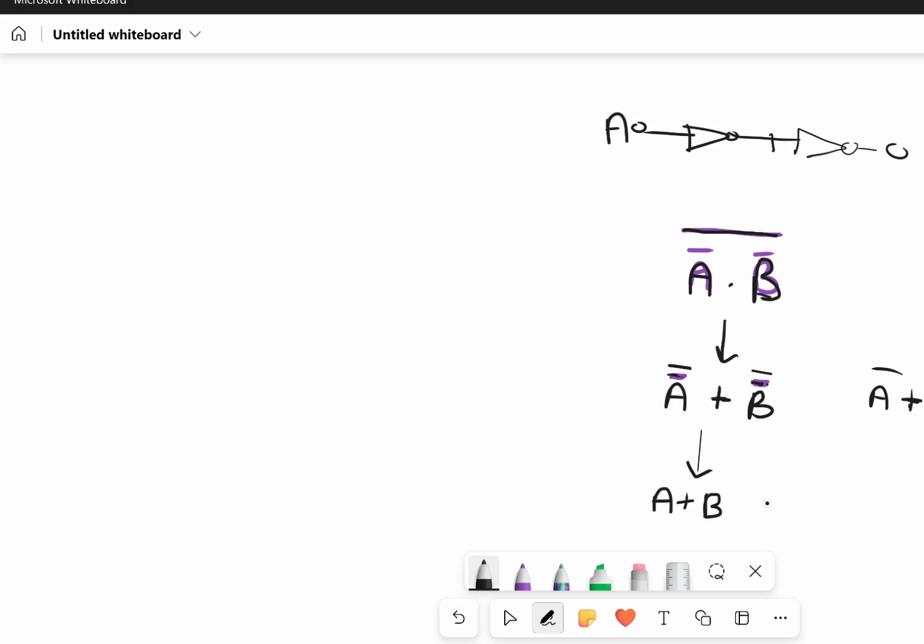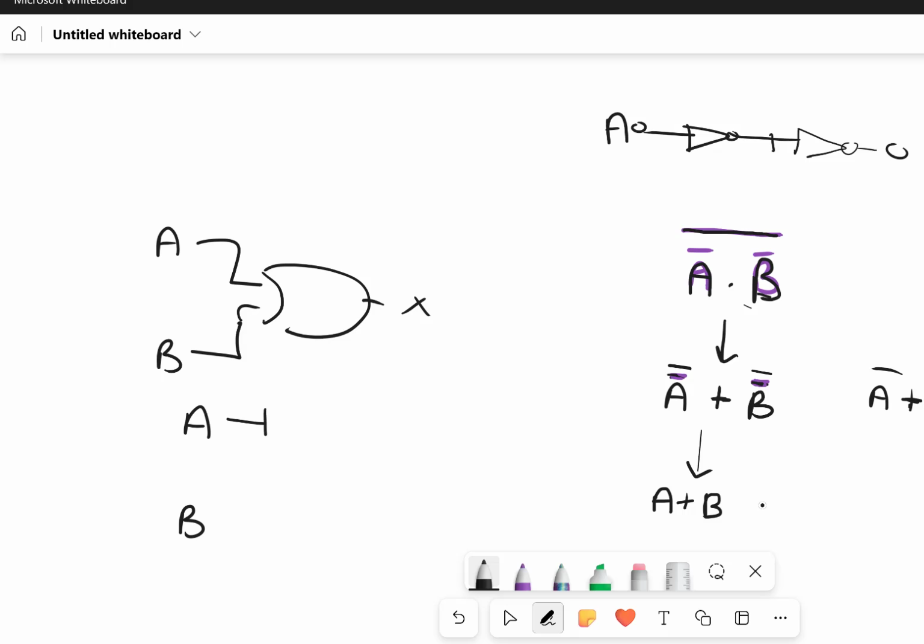If I have A and I have B, and I'm using one gate, that should be the same as if we were to do this, which would be A, B, NOT, and then NAND.